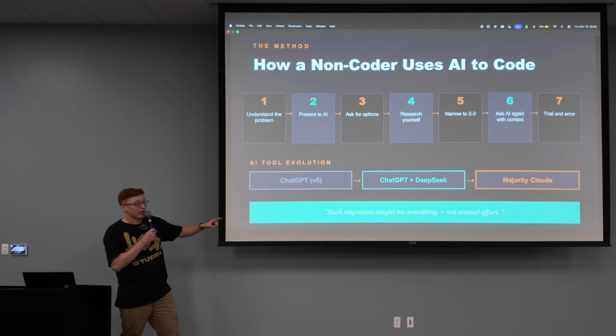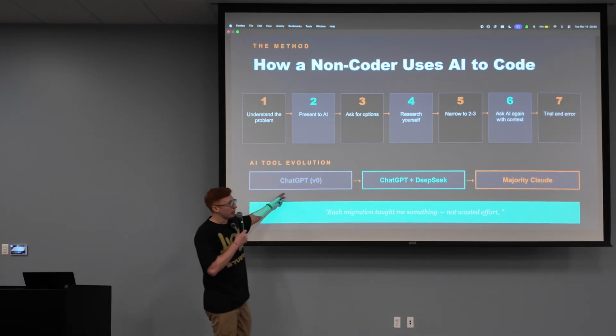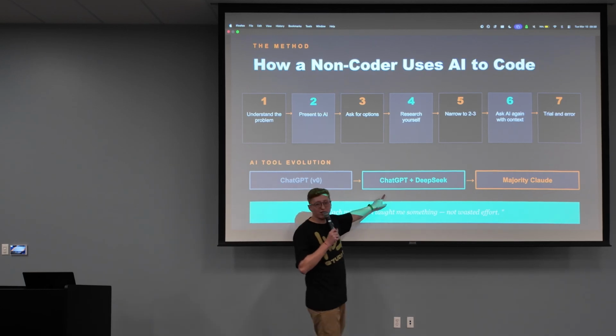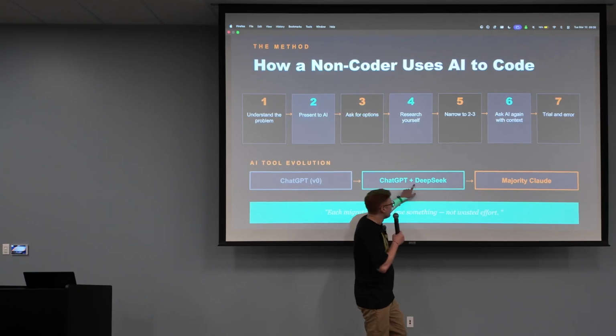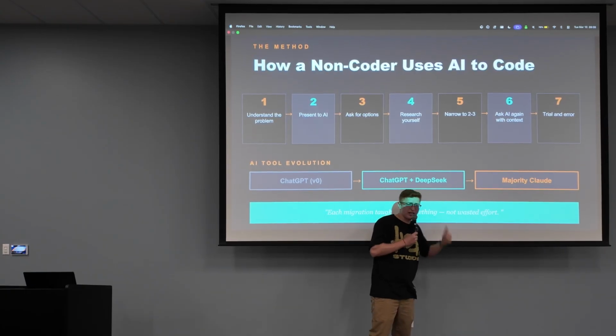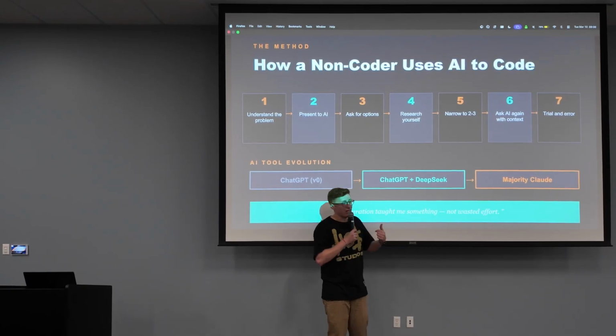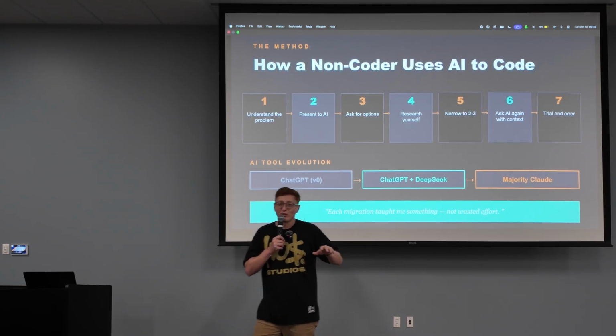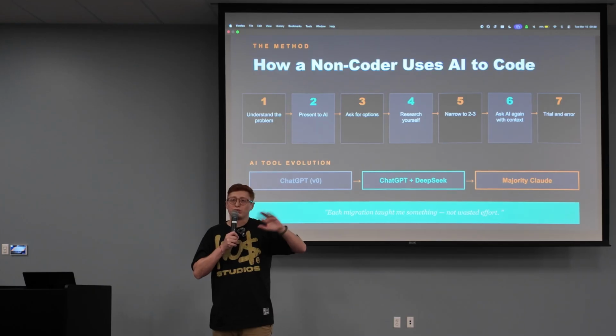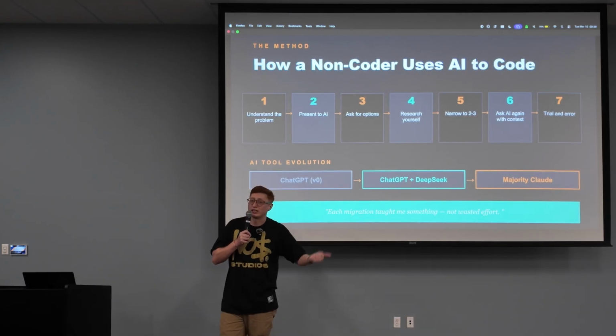Talking about models, I started with ChatGPT. Then DeepSeek was like, hey, we can give you this, but for free. And I was like, oh, cool. And I really like DeepSeek, but Twitter is like my main information source for all the AI related content.